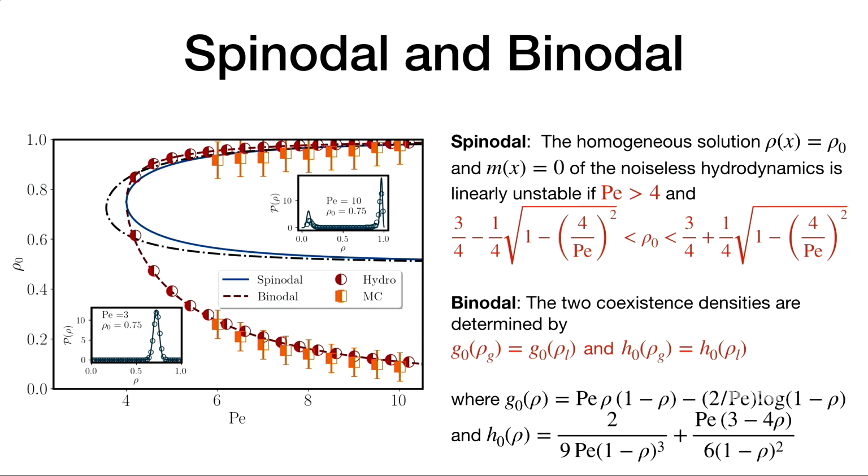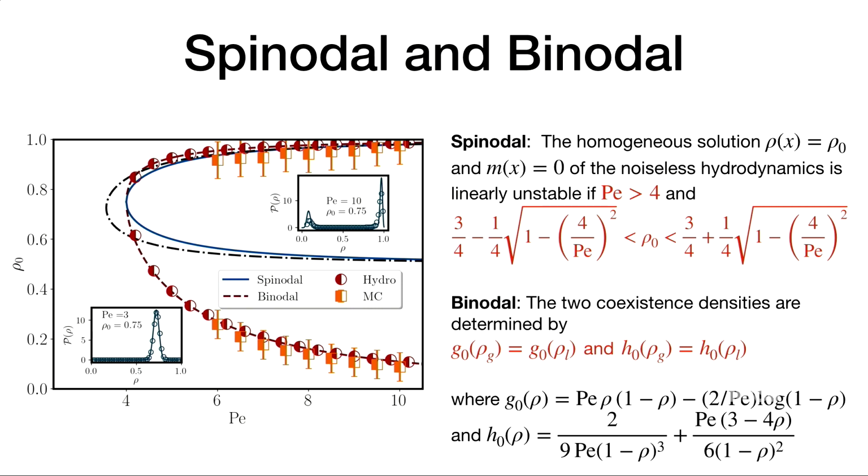On the other hand, you can also derive the binodal. The binodal says that if the system separates into two phases, a high density phase and a low density phase, what are the densities of these phases? Given a Peclet number and a given rho, it gives these two densities. The binodal curve you derive theoretically matches extremely well with the simulation of the microscopic model.